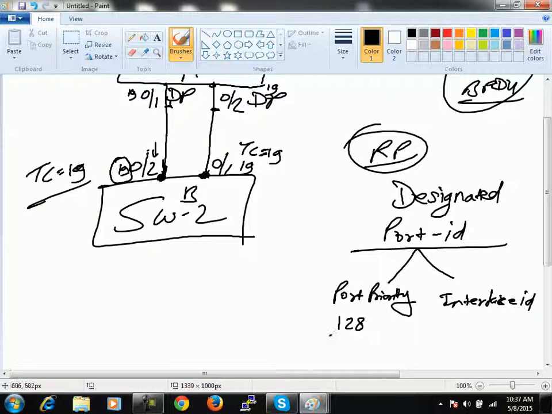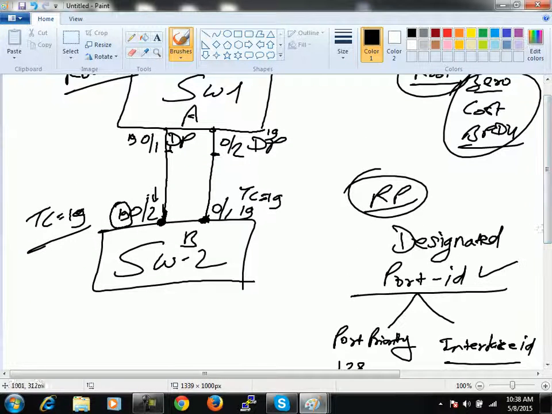Priority is by default, and then the interface ID is something like 0/1, 0/2, 0/3, 0/4, 0/6. Got it? Okay. And it will be the designated port ID.